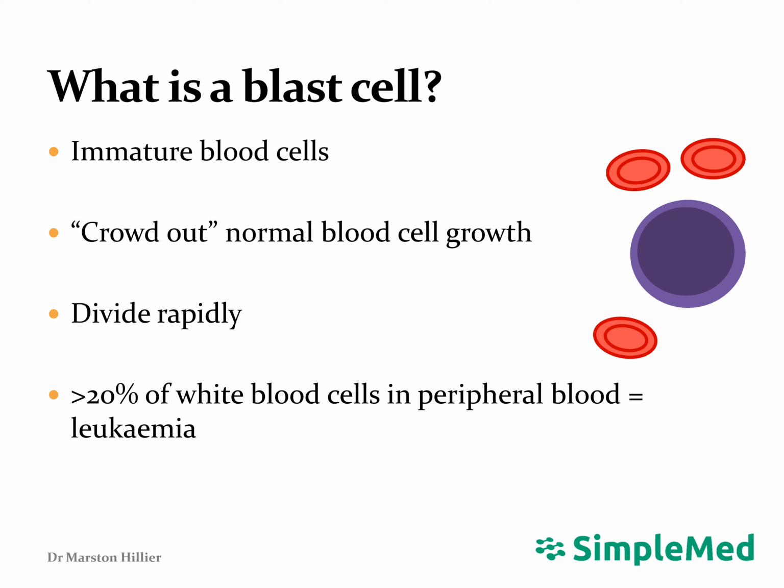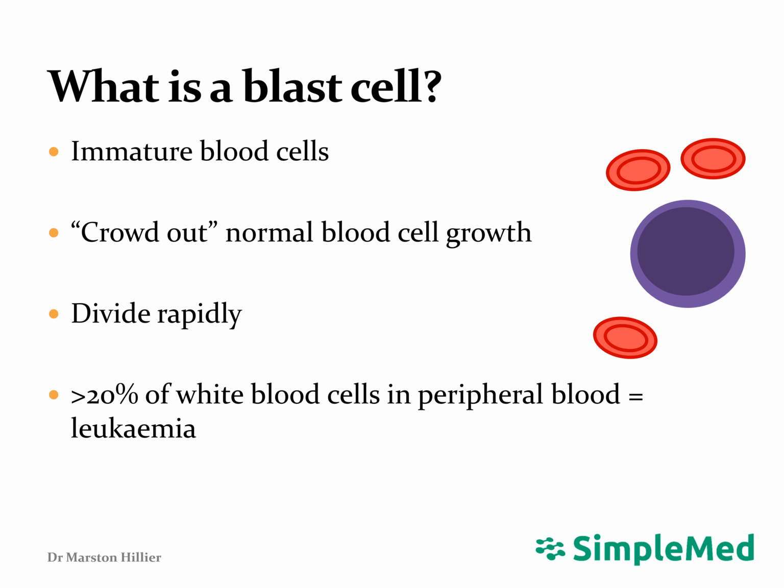One of the diagnostic criteria for any leukemia includes if more than 20% of the white blood cells in peripheral blood are blast cells, then by definition they must have some form of leukemia. Under a microscope, these blood cells are slightly bigger than you would expect and have a very large, dense nucleus of a large amount of darkly staining genetic material.